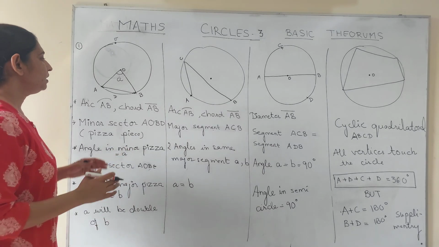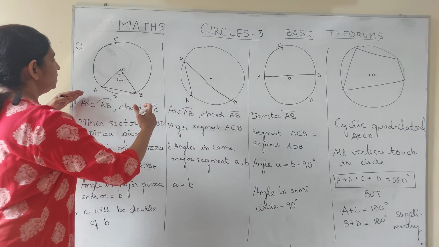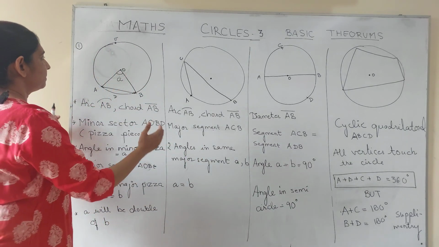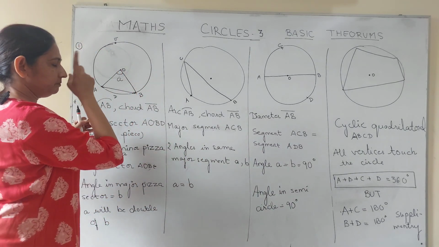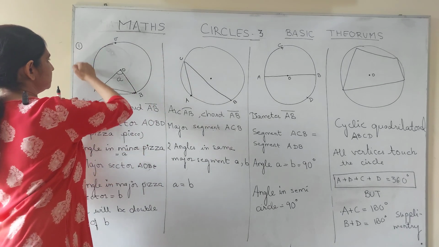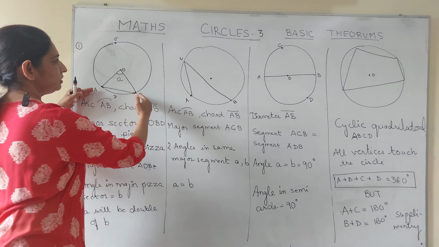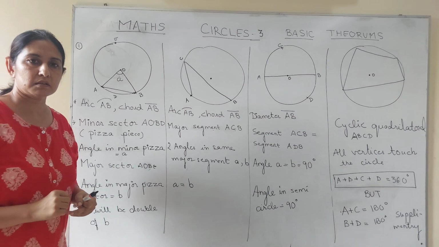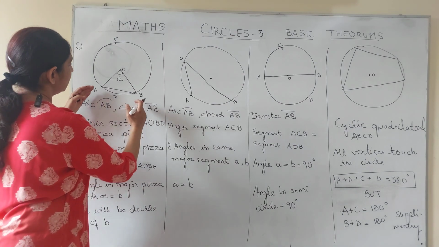Now, two points on the circle. It's like a classroom. The teacher is in the center. There are two students, and these are the seats of the students. The two students come running to the center, to the teacher, because they have a question or a doubt.